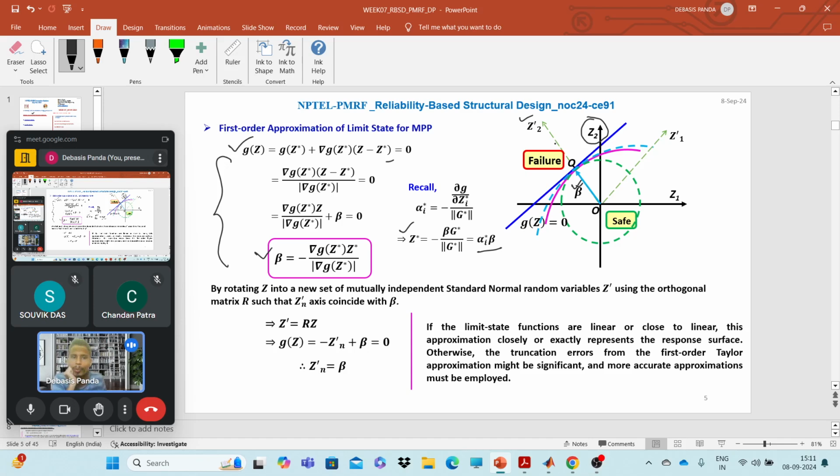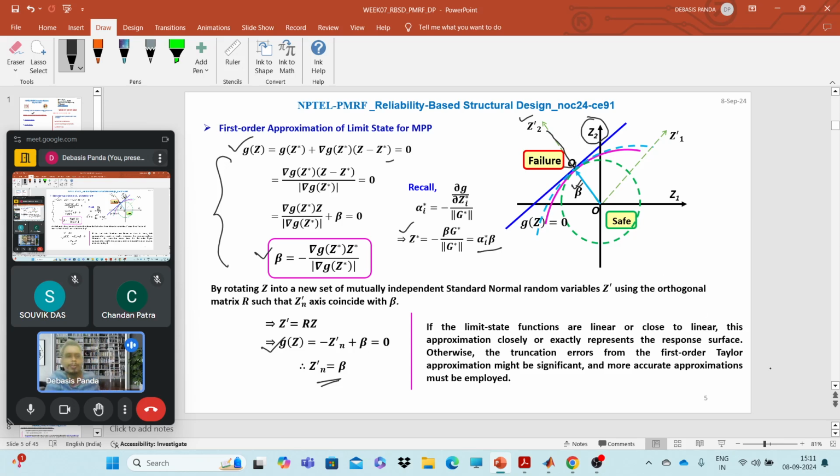Or in a way, we can say we have the direction cosines for the corresponding beta that will coincide with the beta value. Now, if we do that and apply the orthogonal transformation here, we can see that our g(z) will become minus z_n prime plus beta, and we can say that z_n prime equals beta. That means the first order approximation will give you the beta value. That means if the function is linear or nearly linear, we can go with the first order approximation.